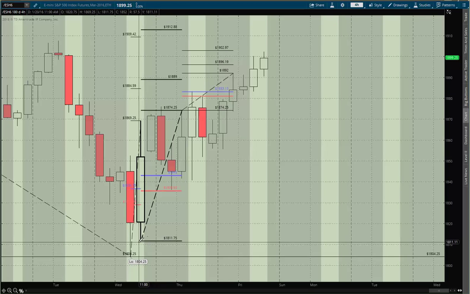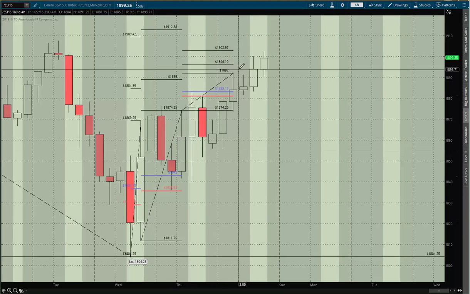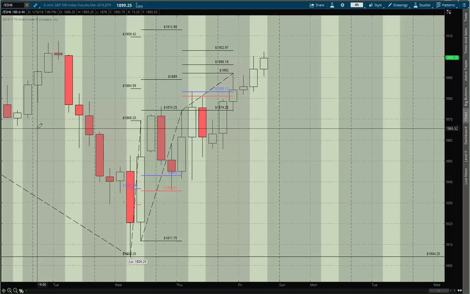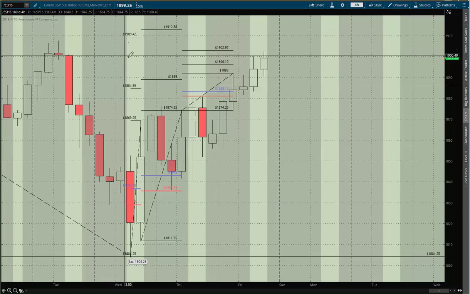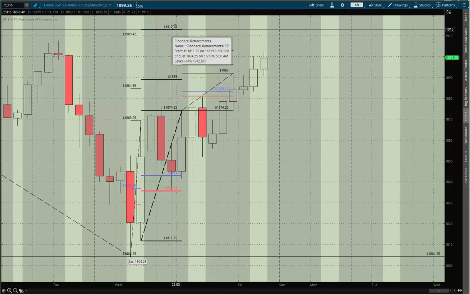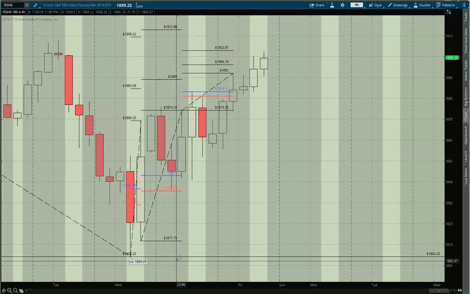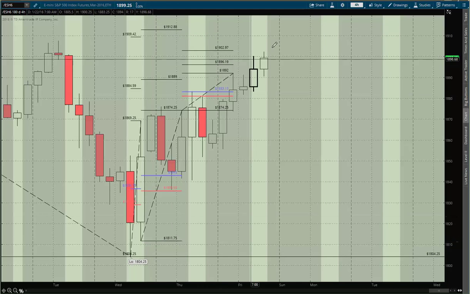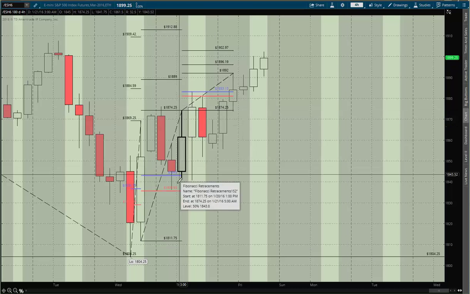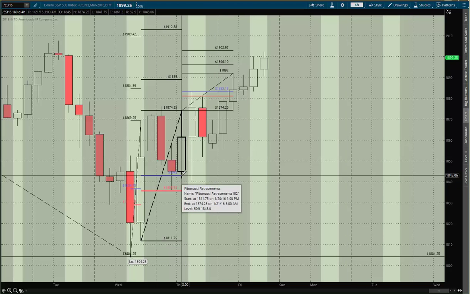We're going to be talking about this measured move right here at this point. So what we have is basically these two targets that we're going to consider within the scope of the move from here to here.